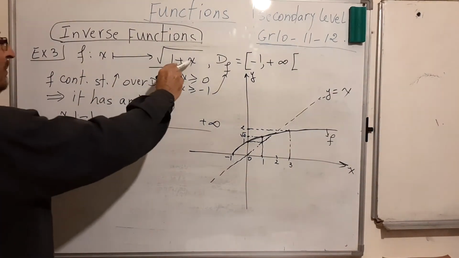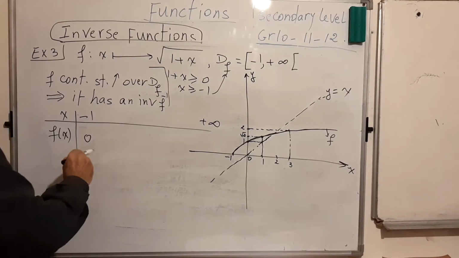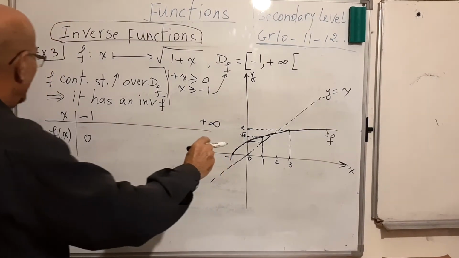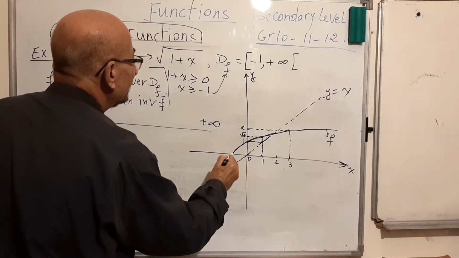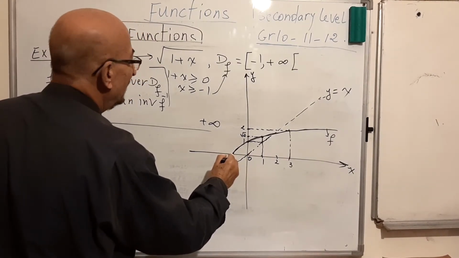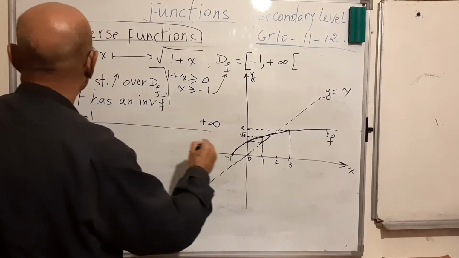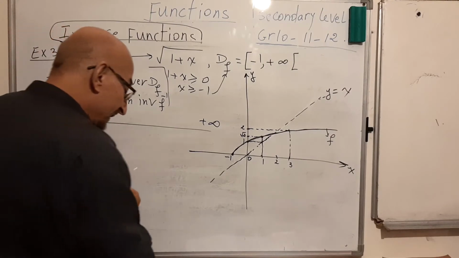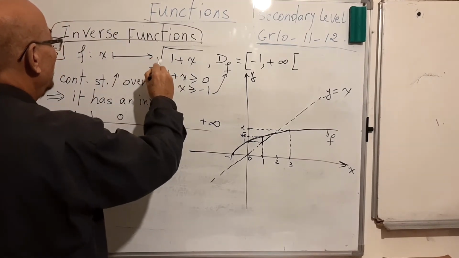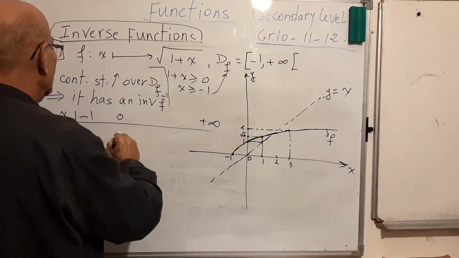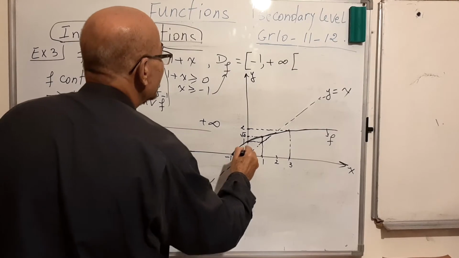For x equal minus 1, we have radical 0 equals 0. The graph of f starts from the point (-1, 0). For x equals 0, we have f of x equal radical 1 equals 1, the point (0, 1).